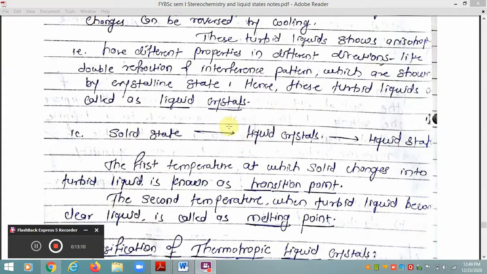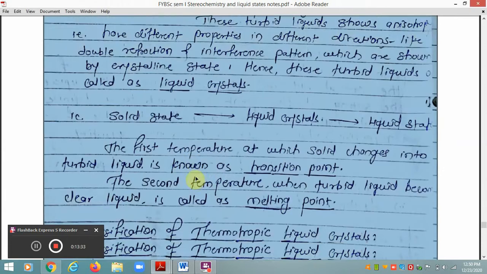That state is called the liquid crystal, and if we decrease the temperature of the liquid state, then it will be converted to turbid liquid, that we call the liquid crystal, and again decreasing the temperature, this liquid crystal will be converted into solid state. So here you can say that this liquid crystal is the intermediate stage between the solid state and the liquid state. So this is very important to define the liquid crystal.